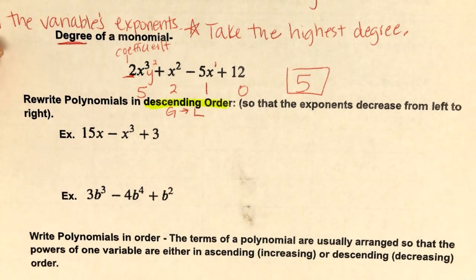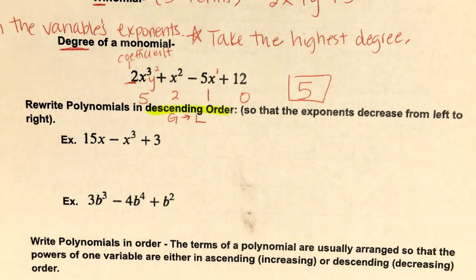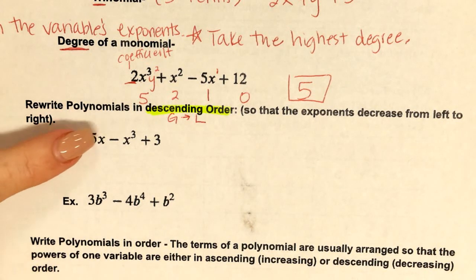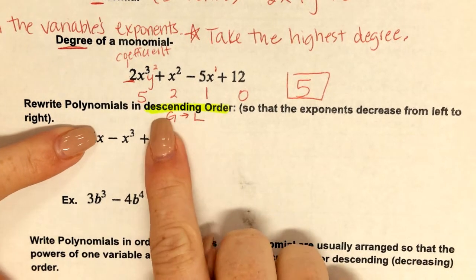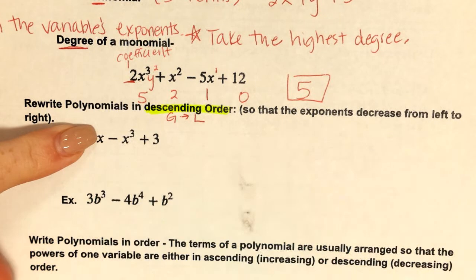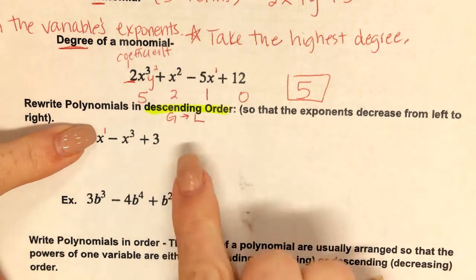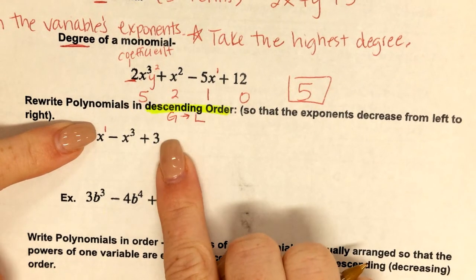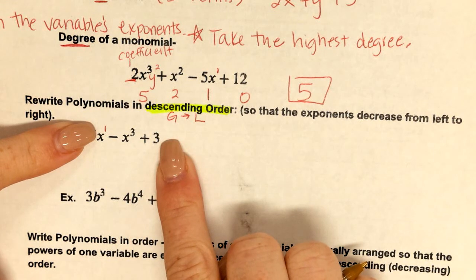Now again, we're only looking at the exponents. That's what we're categorizing this by. We're not doing the coefficient, so don't even look at the coefficient. So this 15 and this 3 basically aren't even there, right? What is this exponent? Okay, and if this had an x, it would be an exponent of 0.